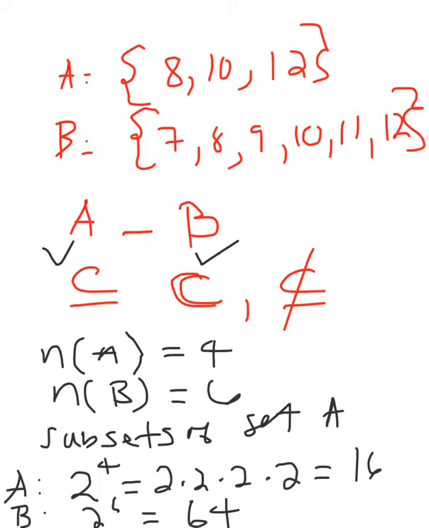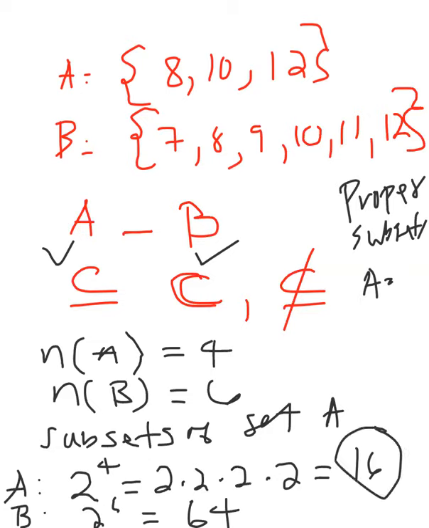Now, if I were to ask you the number of proper subsets in set A, you would do 2 to the n minus 1. Set A has 16 subsets, so it would have 15 proper subsets.